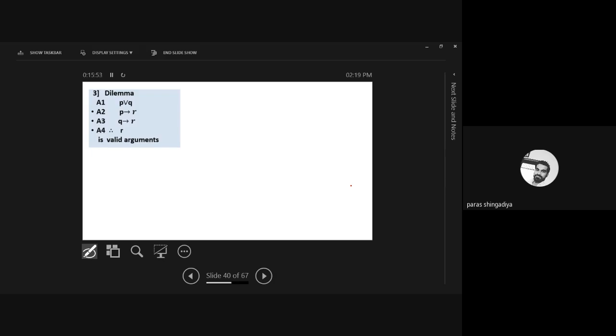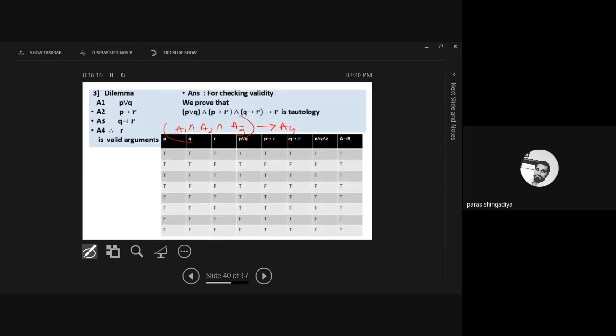So what will be the formula for this one? The formula will be A1 and A2 and A3. Consider up to the last second, that means up to A3. Clear? Combine them using the AND operator, conditional to A4. If it is a tautology, then it is called a valid argument.